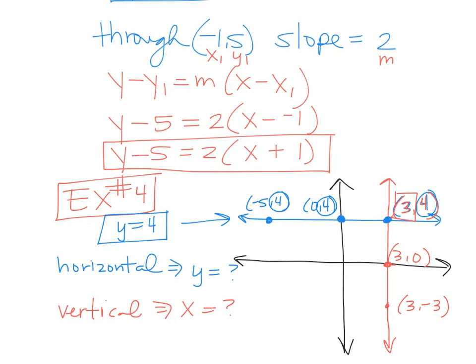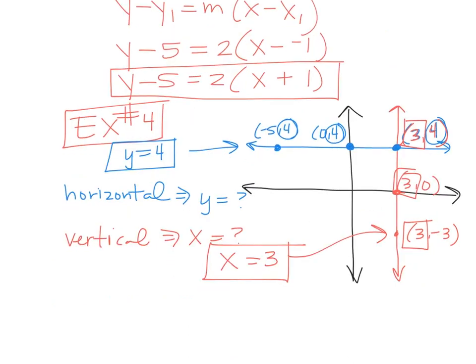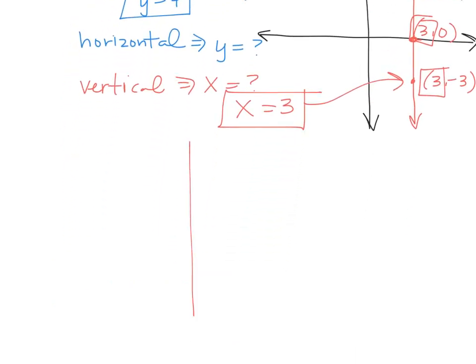So you have 3 here, 3 here, 3 here. So because your x never changes, we say x equals 3 for this line. Okay, so a vertical line will always be x equals the number. A horizontal line will always be y equals whatever number your y value is. Does that make sense?